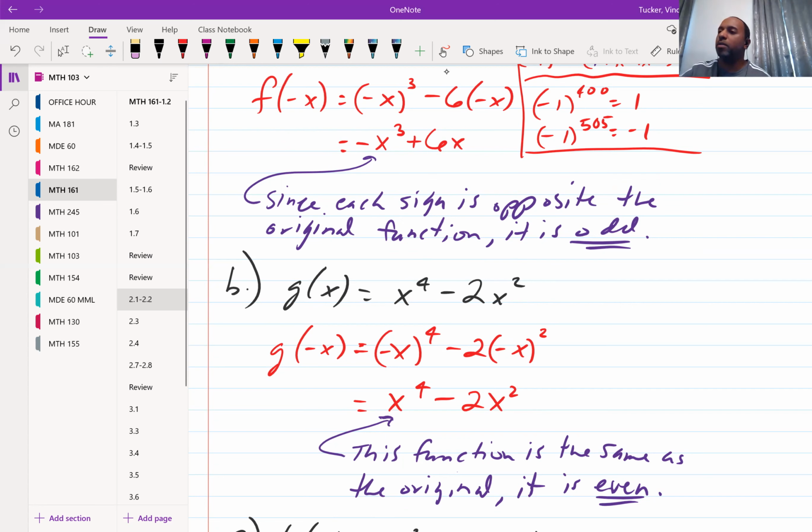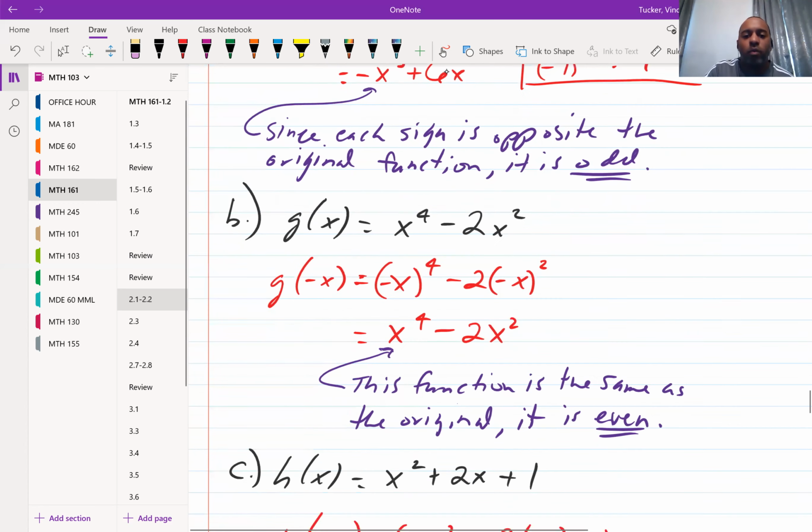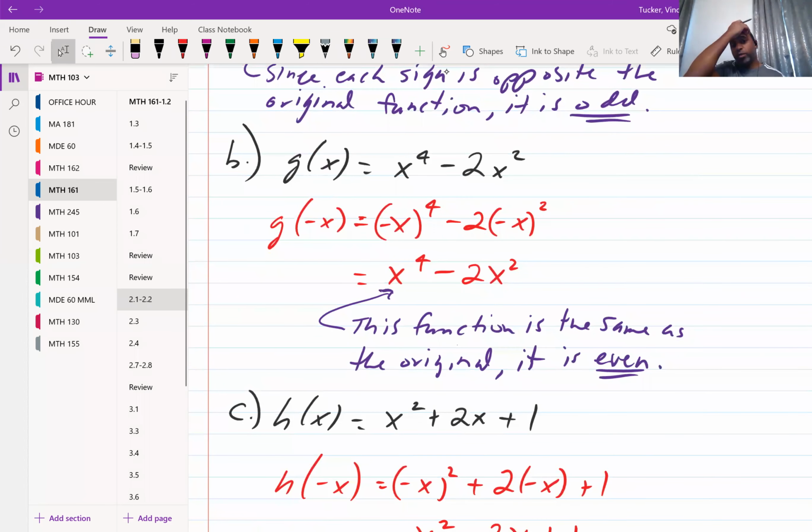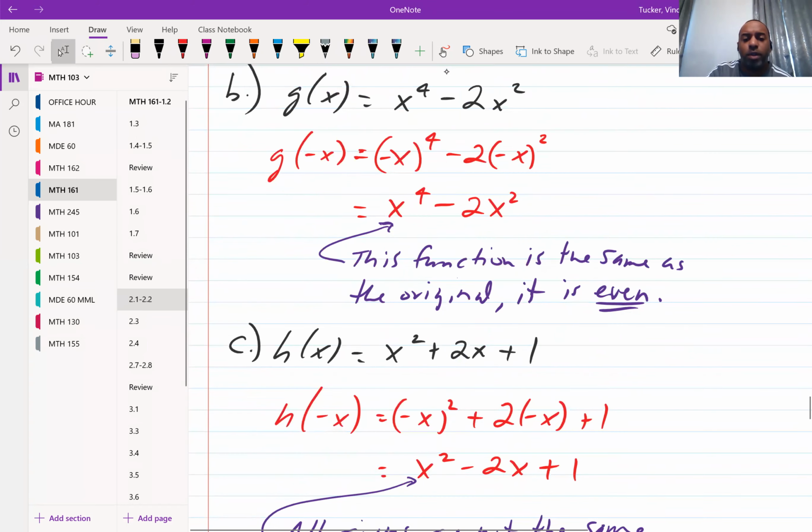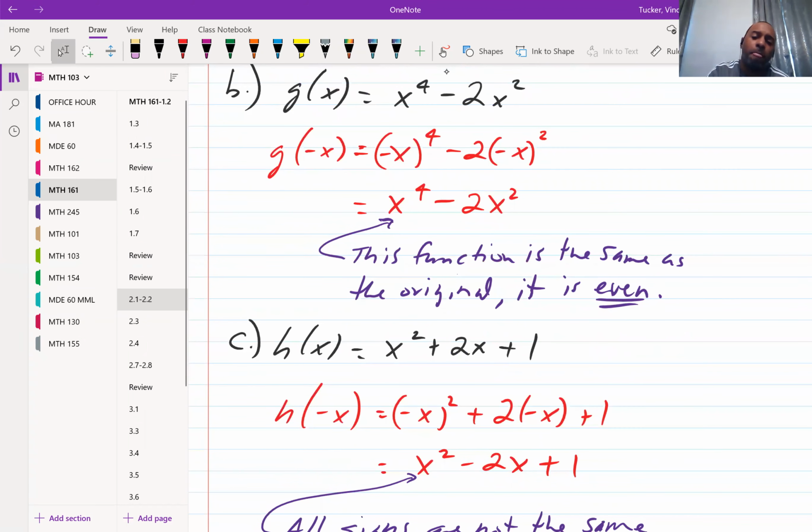All right, any questions? All right, one more. Here we have x squared plus 2x plus 1. Plugging in negative x, negative x squared is going to be positive x squared.